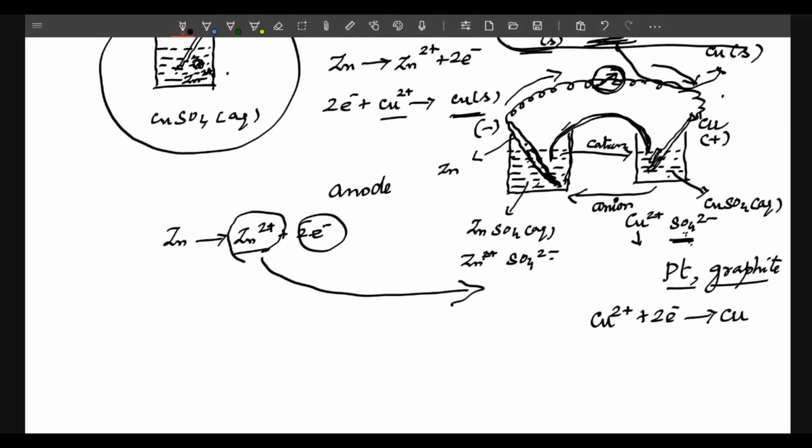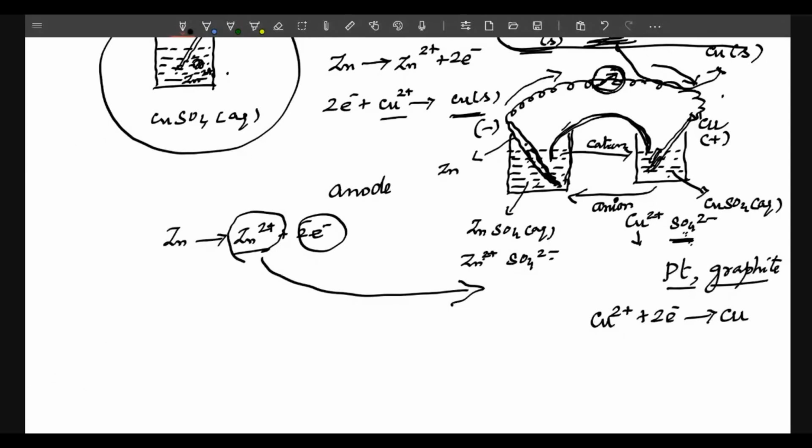If you allow this passage, then the electric circuit is completed. Then electrons move, and the imbalanced charge is balanced by movement of the anion from the cathode to the anode compartment and the cation from the anode to the cathode compartment. These are all taking place simultaneously.